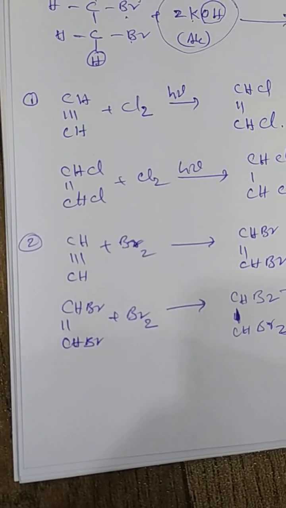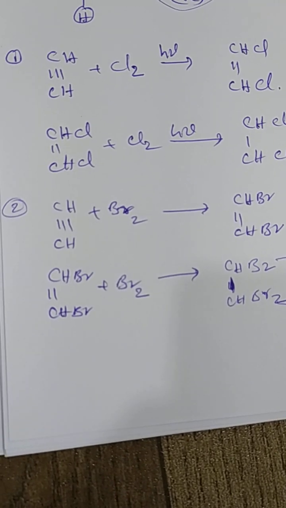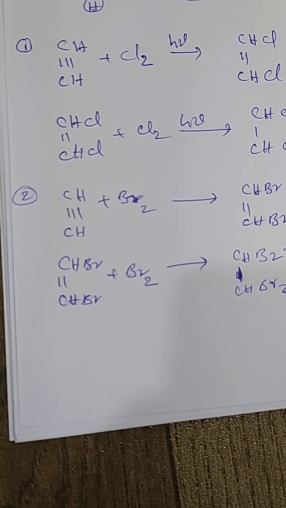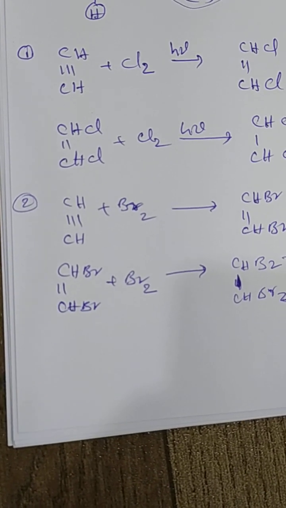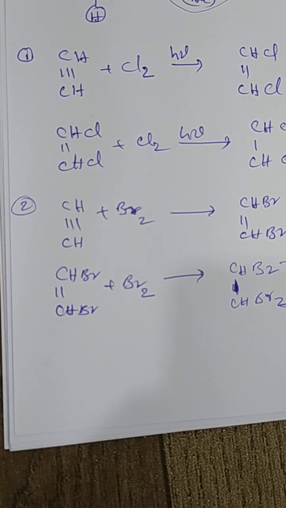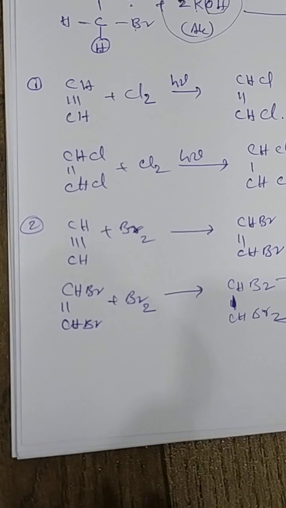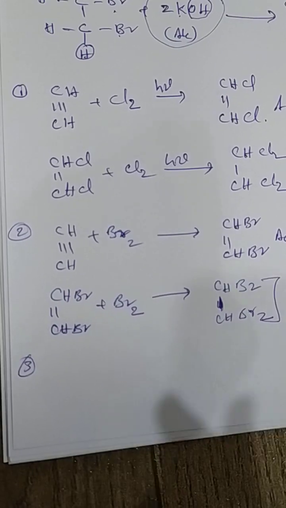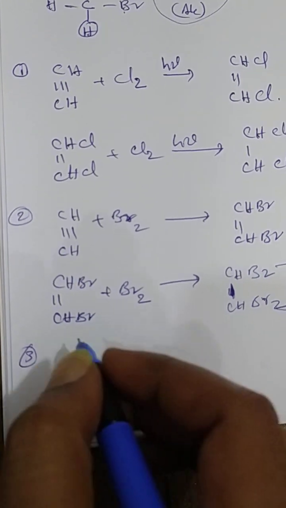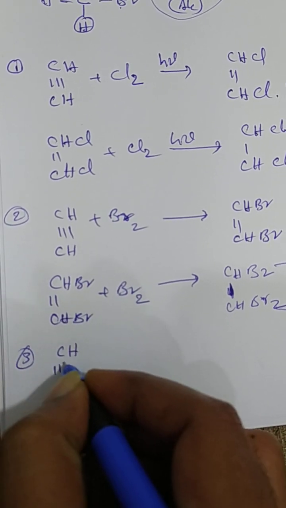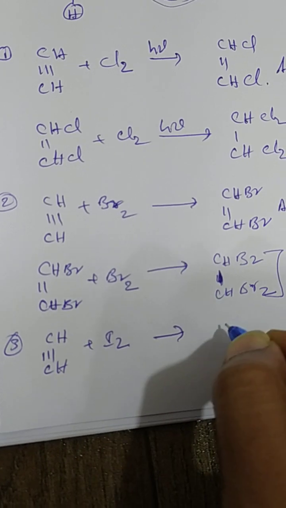Whereas iodine will not make such a chain reaction. It only makes a single step reaction, giving the acetylene iodide compound, CHI double bond CHI, but it will not give a good yield and it will not make any chain reaction. This is an important point.